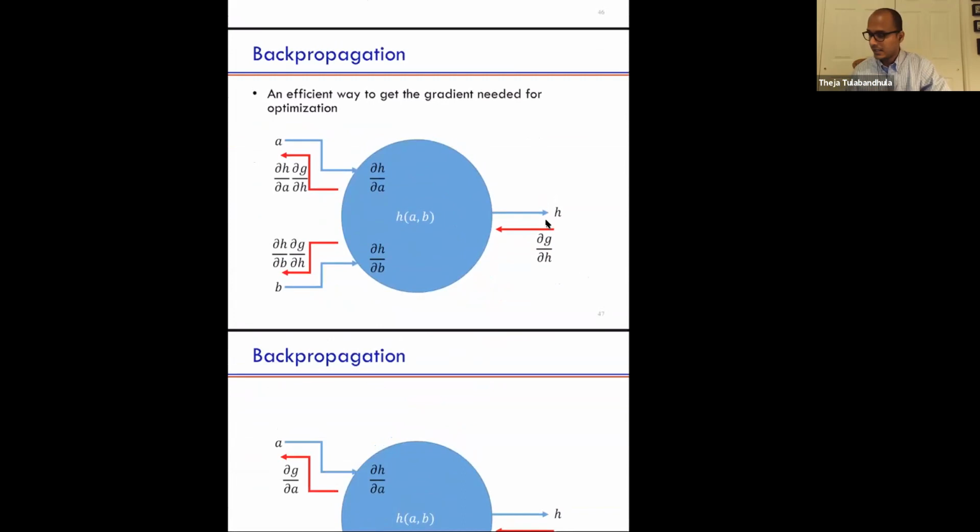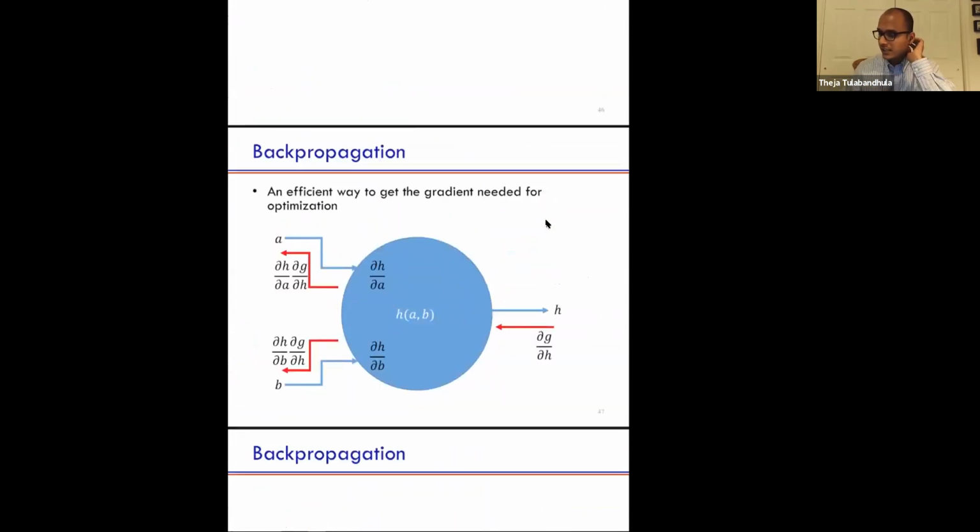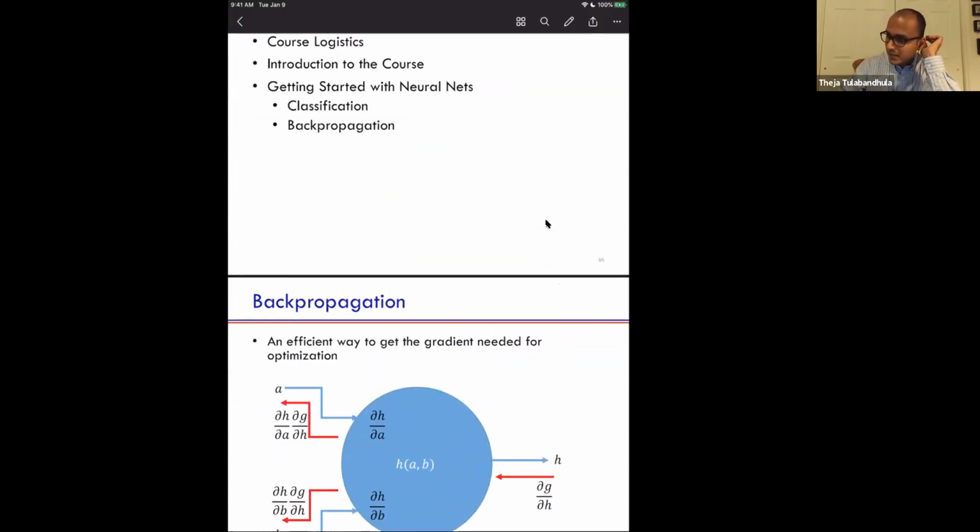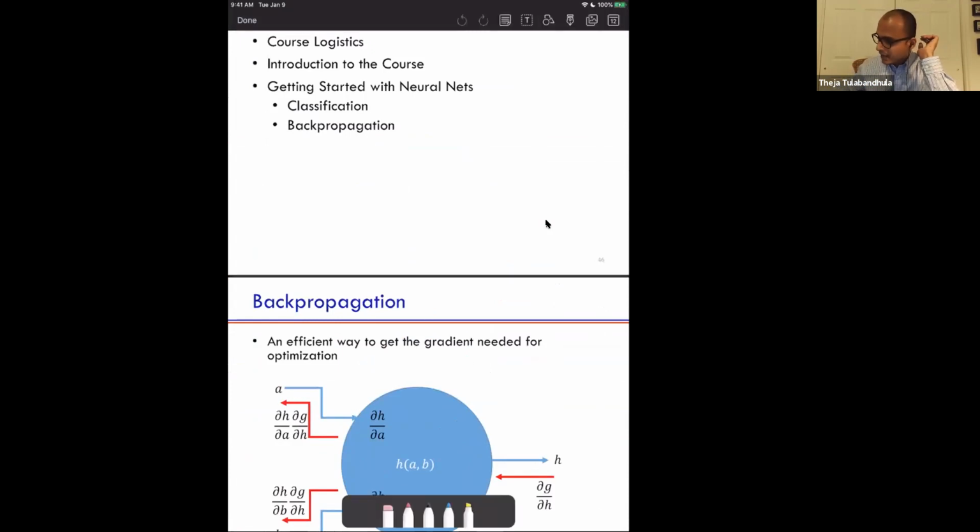It's not a very difficult topic. Backpropagation is essentially a way to break down the computation of your gradient. Remember, in the previous slides, I was talking about getting the gradient of L, which is the loss, with respect to the W parameter, or the gradient of L with respect to the B parameter. Once we have these two, we can make changes to our linear model candidates and hopefully get to the best model eventually, after some iterations.